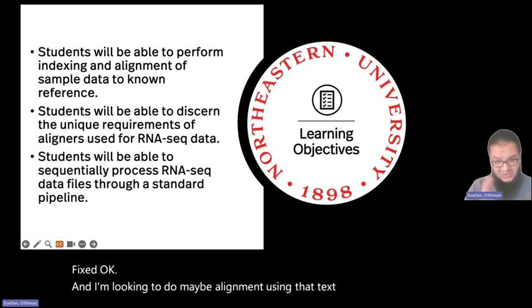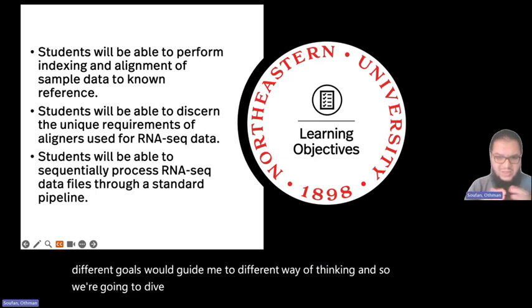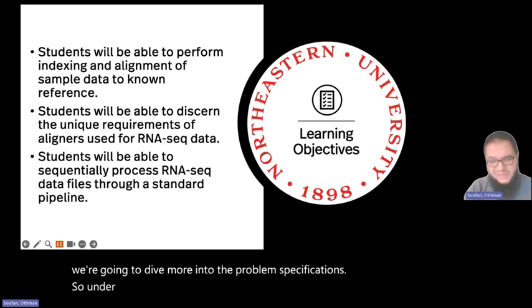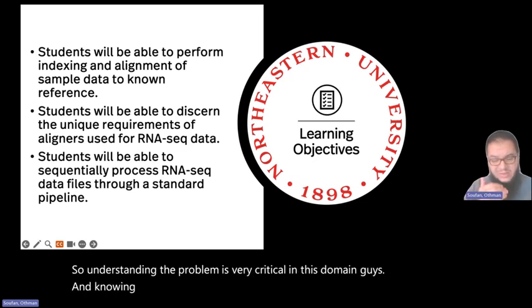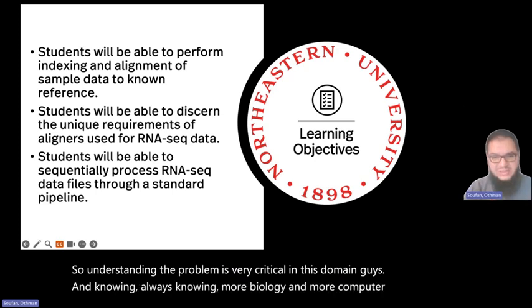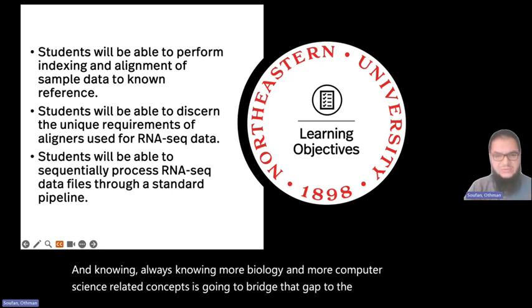So these different goals would guide me to different ways of thinking. And so we're going to dive more into the problem specifications. So understanding the problem is very critical in this domain, guys. And always knowing more biology and more computer science related concepts is going to bridge that gap to develop a better solution.